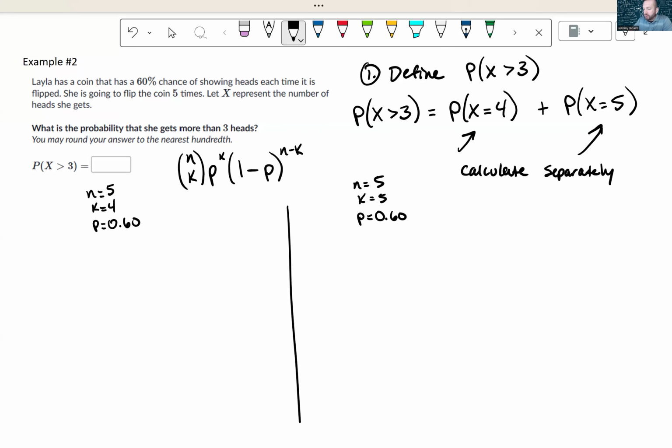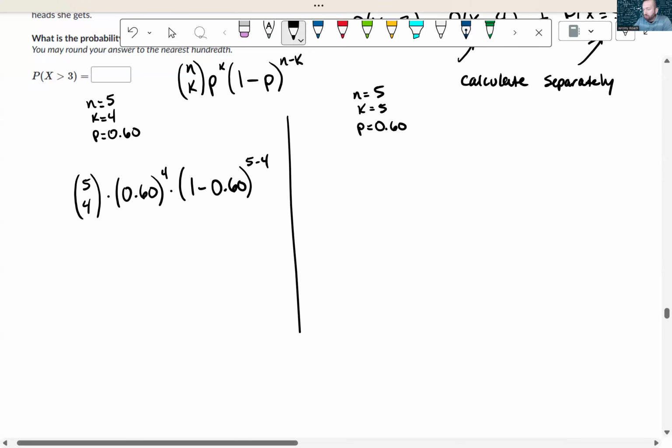Okay, now we're just going to plug these in. We get 5 choose 4 times 0.60 to the 4 times 1 minus 0.60 to the 5 minus 4. And that's just going to give us to the power of 1 there. Let me simplify 5 choose 4.